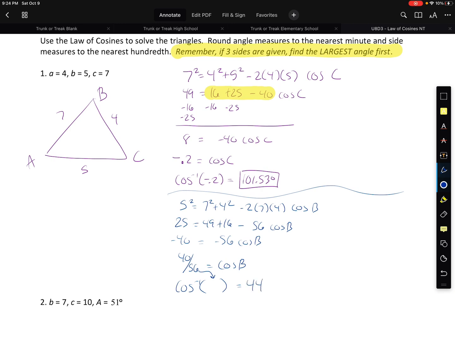That gives me 44.42 degrees for angle B. And this one's angle C. So how do I get angle A? Angle A is 180 minus 101.53 minus 44.42, and I'm left with 34.05 degrees.